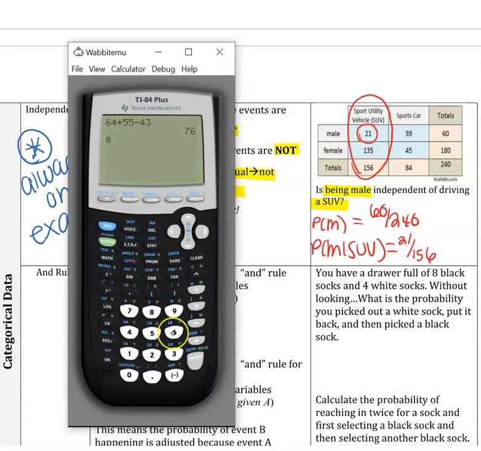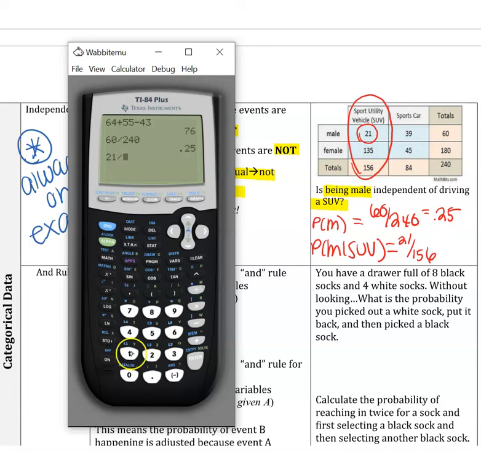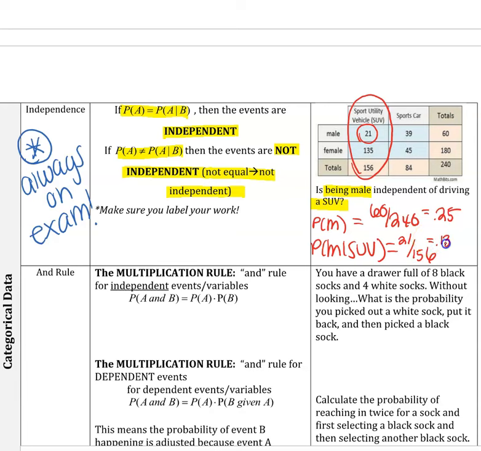And then I grab my calculator. 60 divided by 240 would give me 0.25. 21 divided by 156 is 0.134, we'll say, dot, dot, dot. Because these are not equal, the events are not independent. You are actually less likely to be a male given that your person drives an SUV. If I got equal decimals, though, then I would say the events are independent.